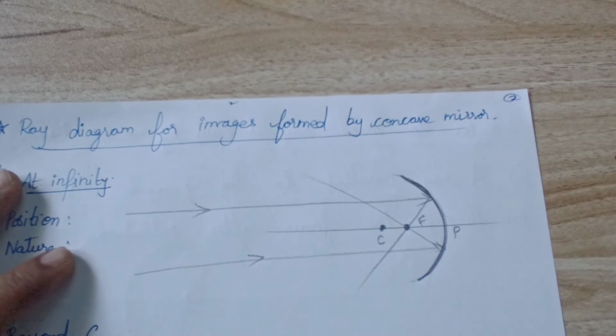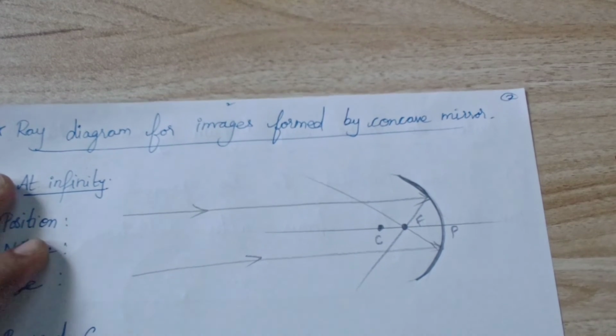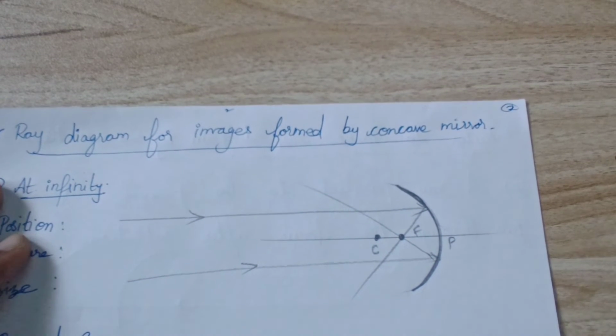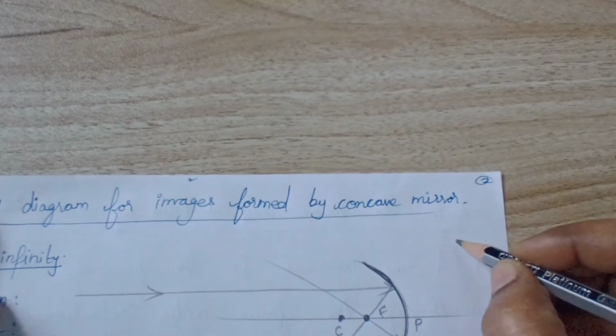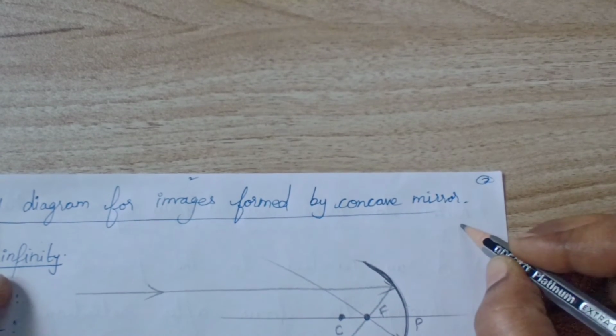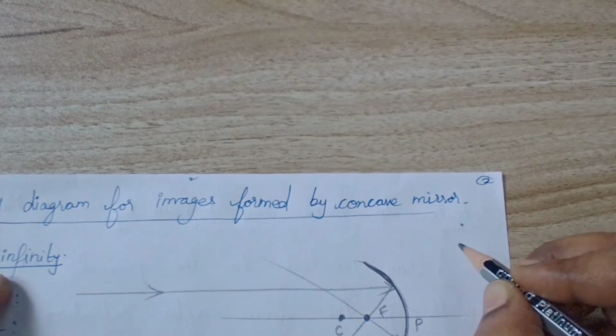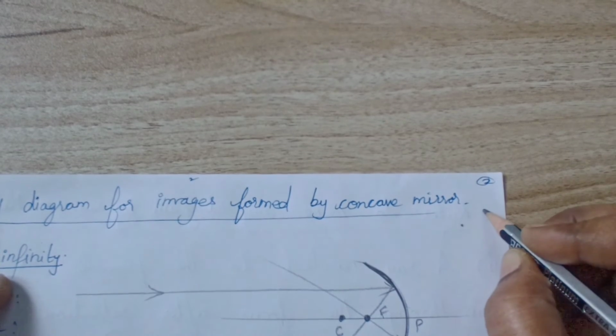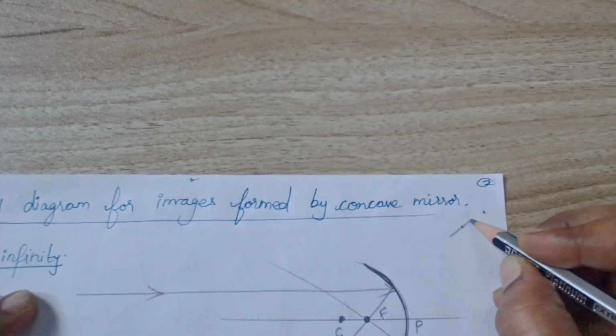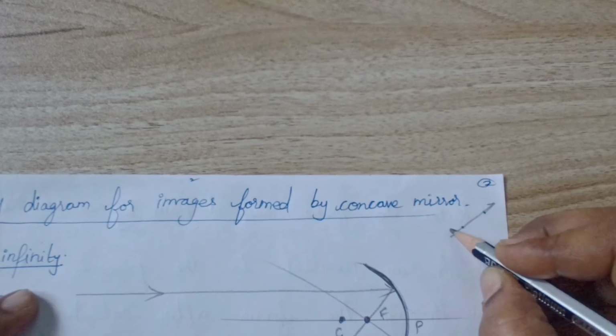at least you need 2 rays to get an image, to know where the image will be formed and how. For example, you cannot draw a line with a single point. At least you need one more point to show that the line is moving in this path.